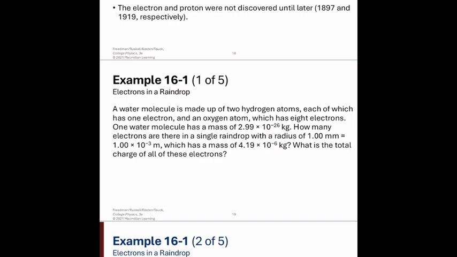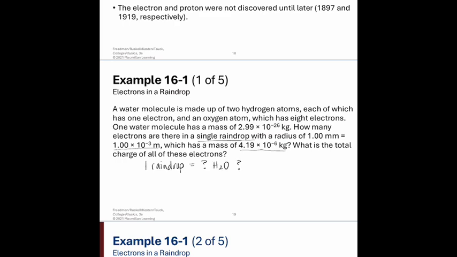So we have a single raindrop, and we're told the radius of the raindrop. It's 1 times 10 to the minus 3 meters, and it's got a mass of 4.19 times 10 to the minus 6 kilograms. And the question is, what is the total charge of all the electrons in the raindrop? So one raindrop is made up of how many water molecules?